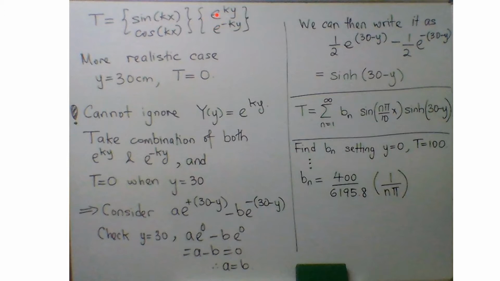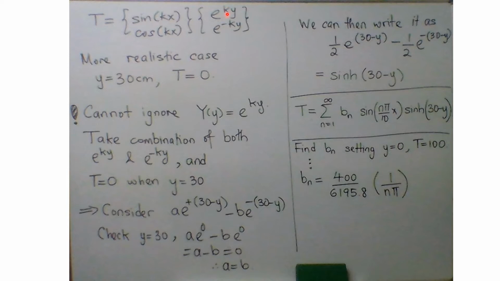So we said this is not going to be the solution, and neither was cos kx, because it doesn't fulfill another boundary condition. In the previous example, part 1, we said the solution is sine kx multiplied by exponential minus ky. But here you cannot just remove this exponential ky, so you have to take it into account as well.